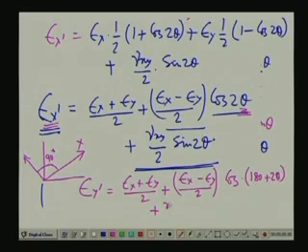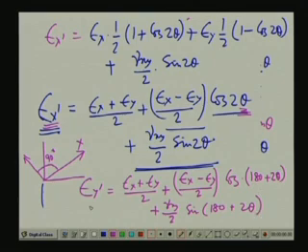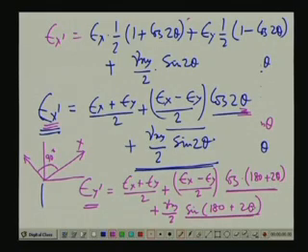plus gamma xy by 2 sin of 180 plus 2 theta. Now, this will give us the value of strain in the y dash direction, and cos of 180 plus 2 theta is minus cos 2 theta, and sin of 180 plus 2 theta is minus sin 2 theta.